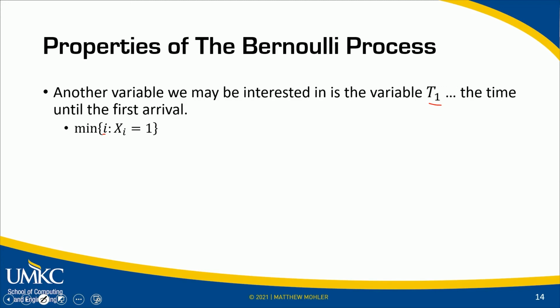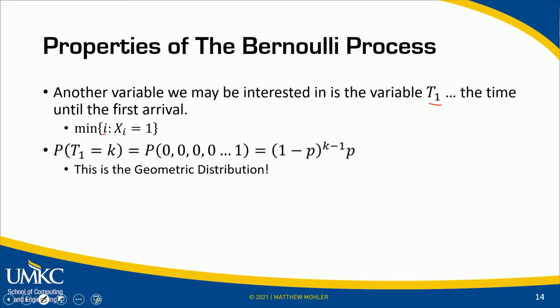Now we can go ahead and expand that, and we'll find that this is the probability that t sub 1 is equal to k, where k is just the kth iteration. We're asking what is the probability that the first arrival is at a specific iteration, which we'll call k. That is equal to the probability of k minus 1 zeros followed by a 1.